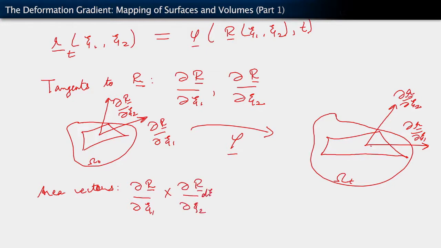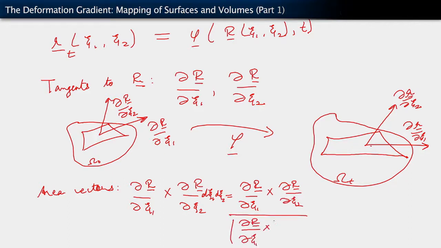And just for convenience, we are going to write this as partial R with respect to C1 cross partial R with respect to C2 divided by the magnitude, multiplied again by the magnitude, right? So I'm really not doing anything here.